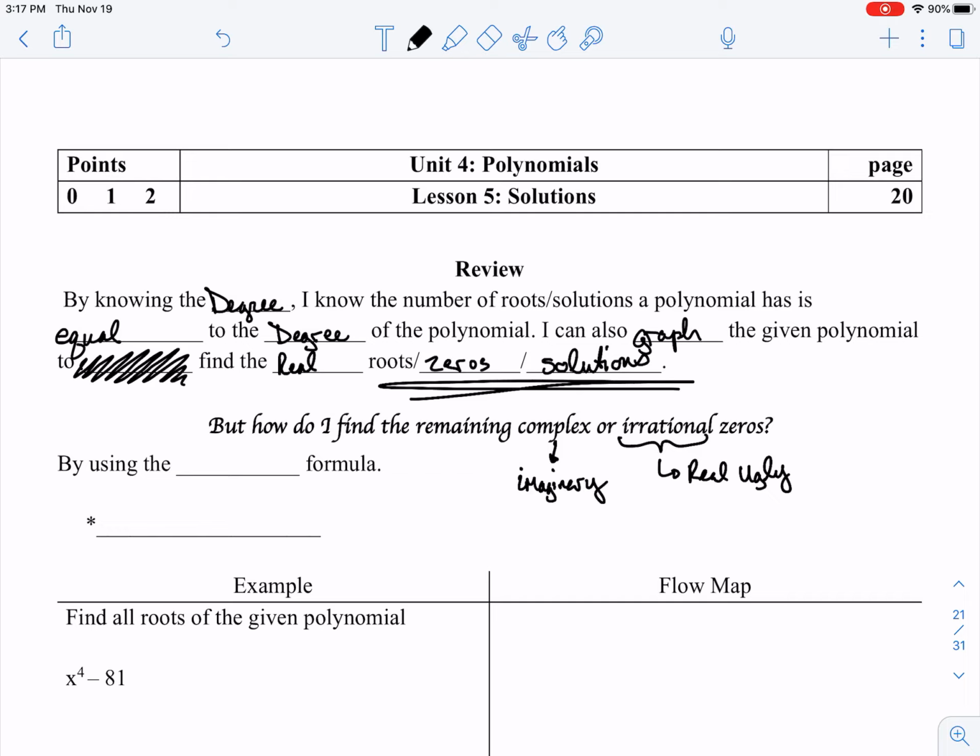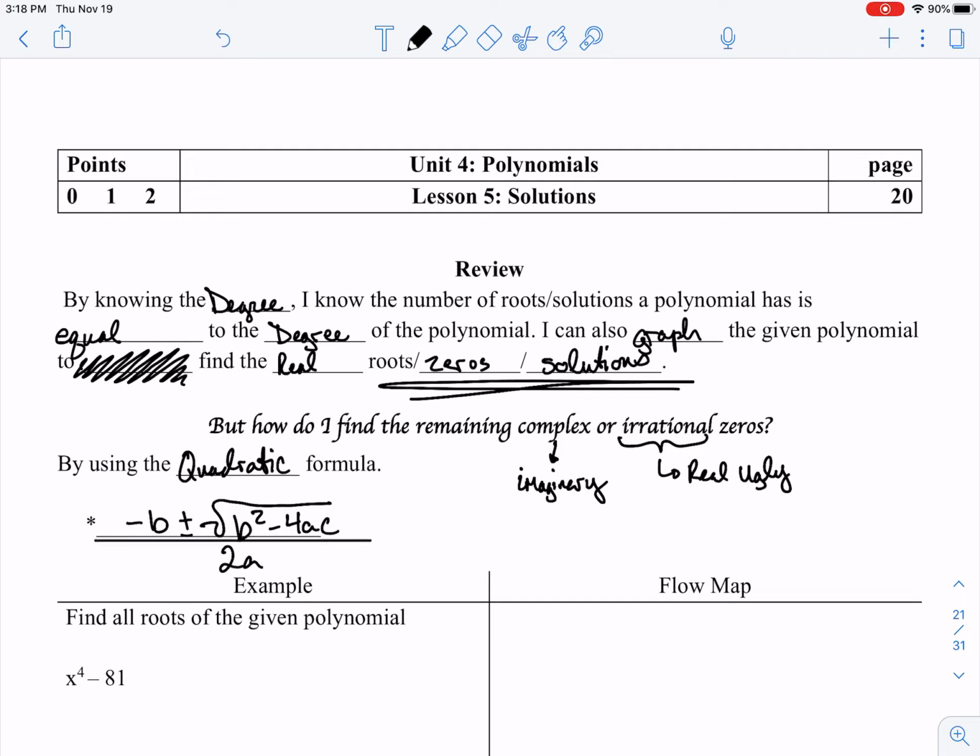And the way you found these, in a way that you would see them as an answer choice on a test, is using the quadratic formula, which is negative b plus or minus square root b squared minus 4ac all over 2a.